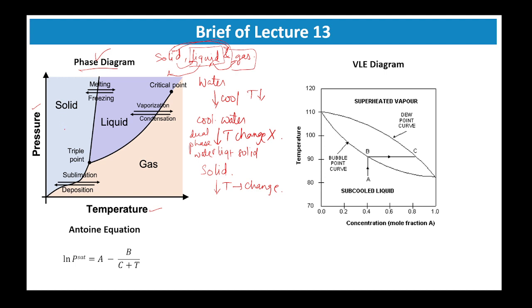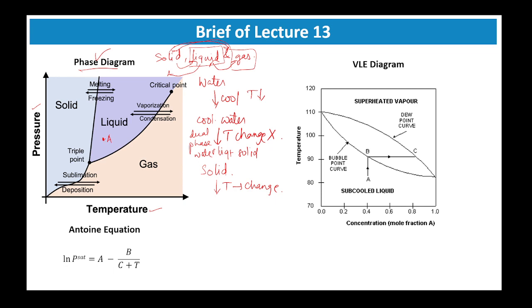Let's take the example of water only. So you have water in solid at this point. This is the region where it has the liquid phase, because it will just have liquid. Let's say this point A will just have liquid.